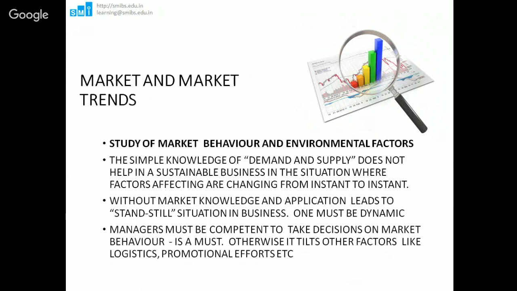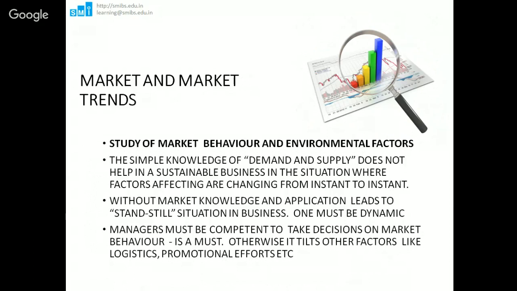It is not only global, it is highly competitive. Take any business. We hardly hear of a monopolistic business. Even if somebody says this is a monopolistic business, it is only for a short time. By that time another person has already started and is giving a better product or a better service at lower rates.